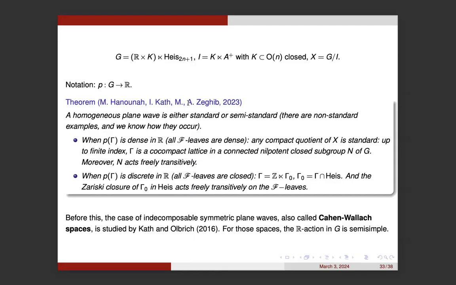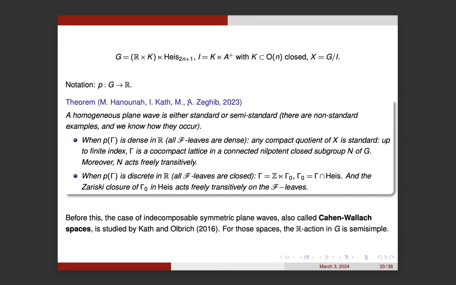In fact, there is a definition of what is called the Zariski closure. In algebraic geometry, we have a Zariski topology, where the closed sets are the zeros of polynomials. But here for the Heisenberg group, it's even simpler.